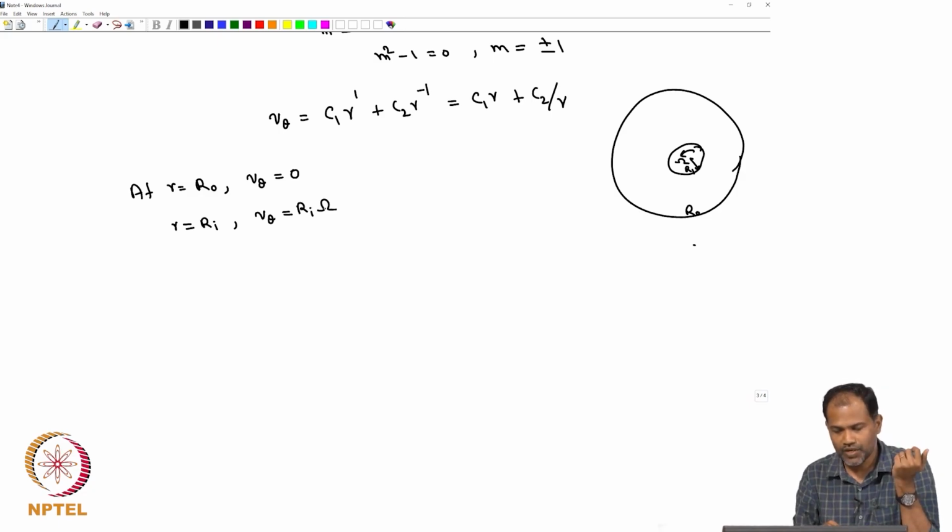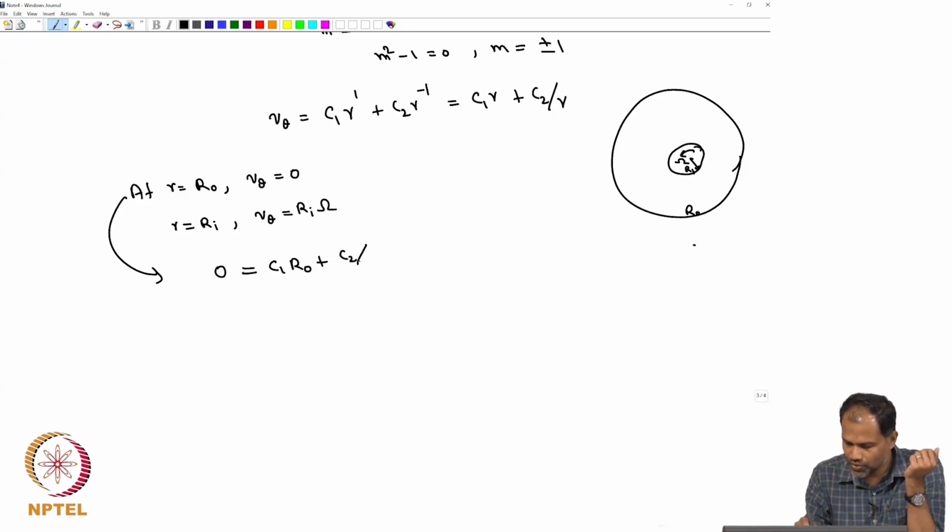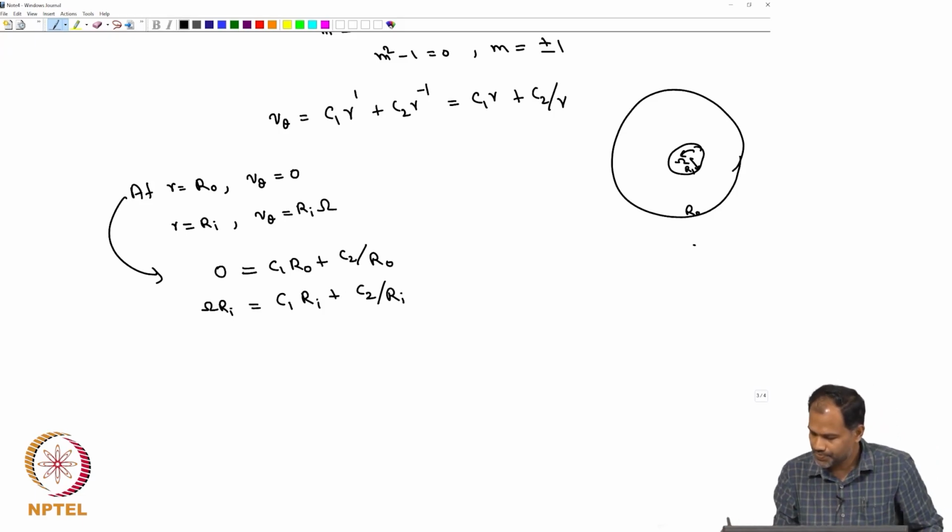We have two boundary conditions and two unknowns. So, the first equation gives 0 is equal to C1 RO plus C2 by RO. The second equation tells you that omega Ri is equal to C1 Ri plus C2 by Ri.